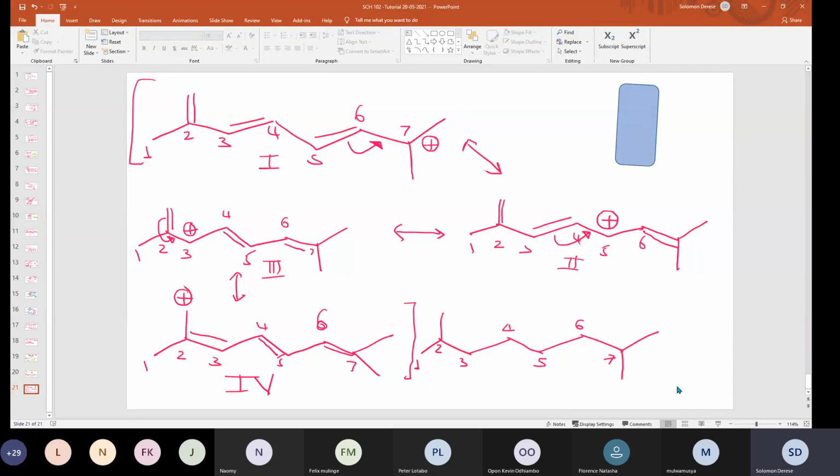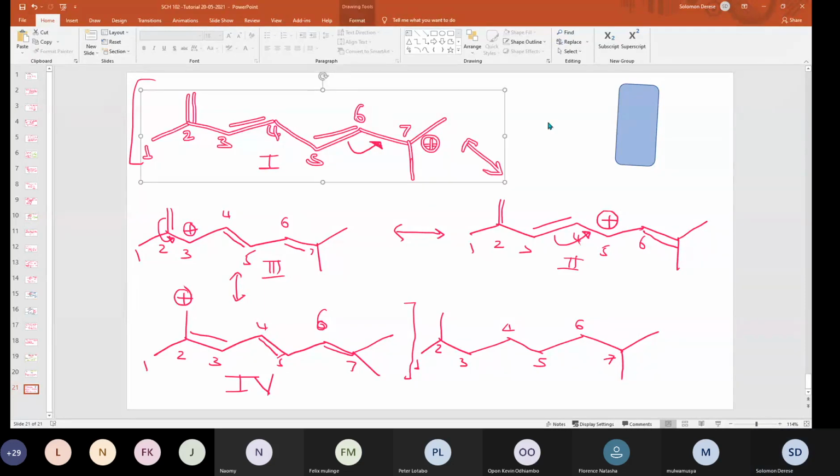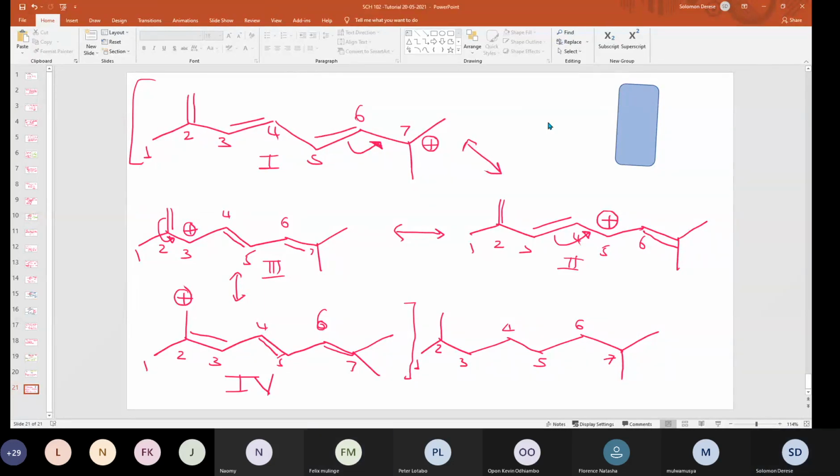Now tell me, on how many carbons do we have a positive charge in the resonance? On which carbon is the positive charge in resonance 1? Carbon 7.